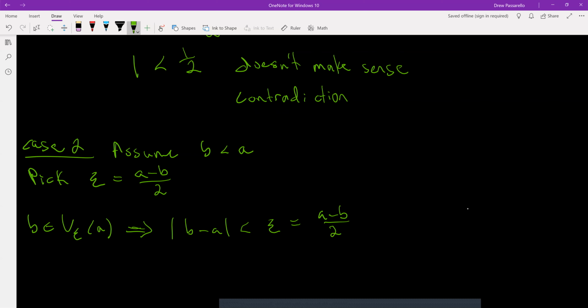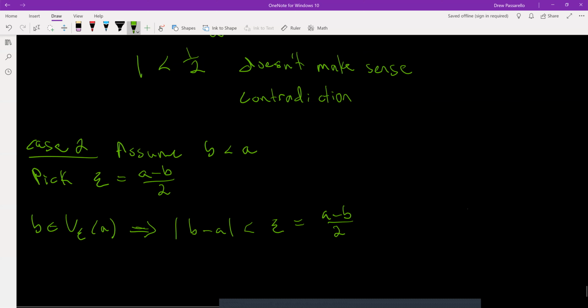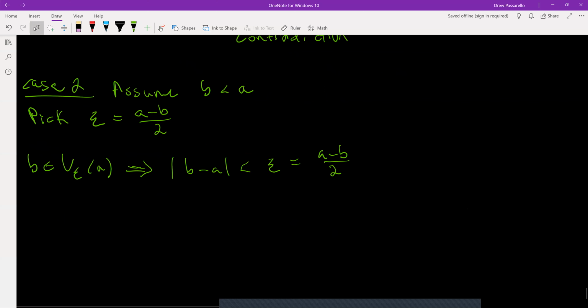Well, since a this time is greater than b, I can switch the order, so it's the absolute value of a minus b. We know that's equivalent, because it's symmetric.